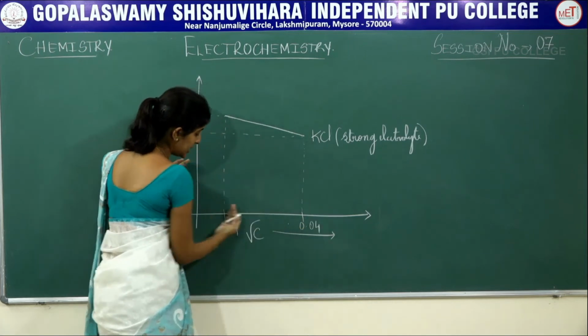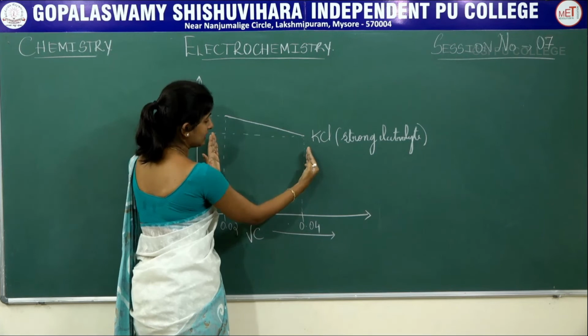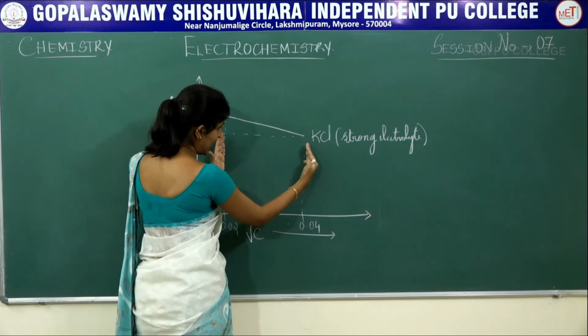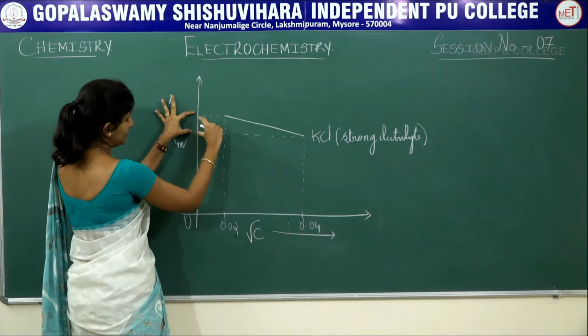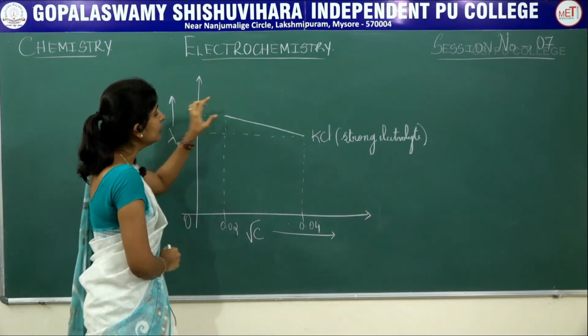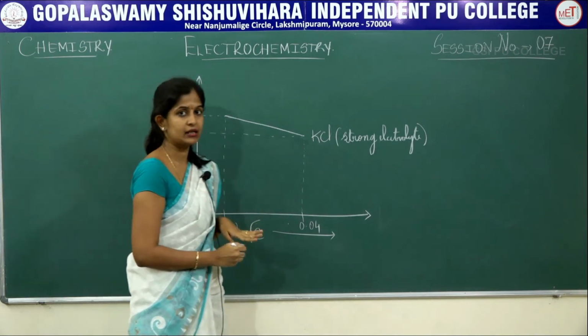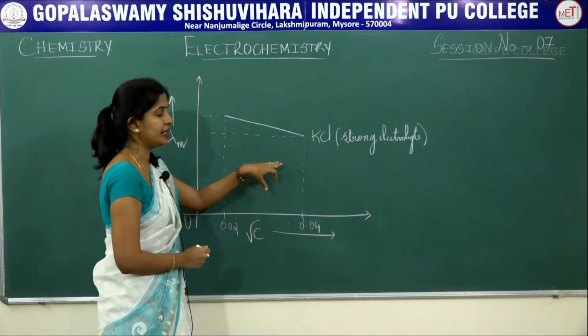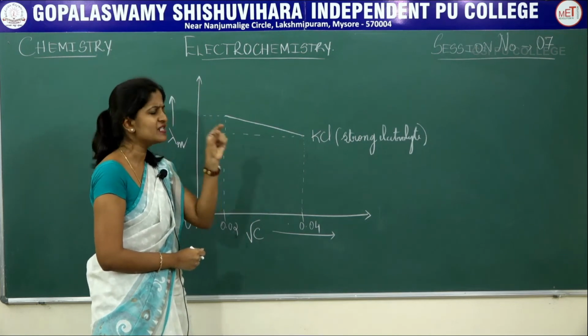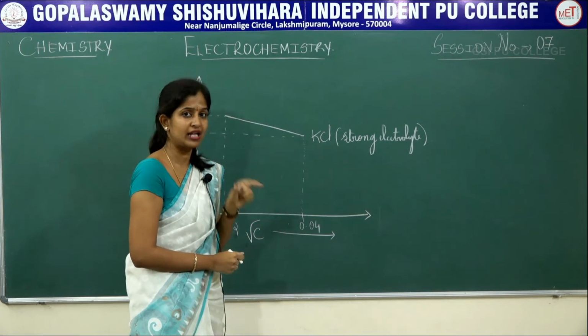So concentration decreases, dilution increases from right to left. You can observe that for a vast dilution over this much area, the increase in molar conductance is only this much, which shows that for a strong electrolyte there is no much variation of conductance upon dilution when compared to a weak electrolyte. So there is a very small increase in conductance for a strong electrolyte upon dilution.